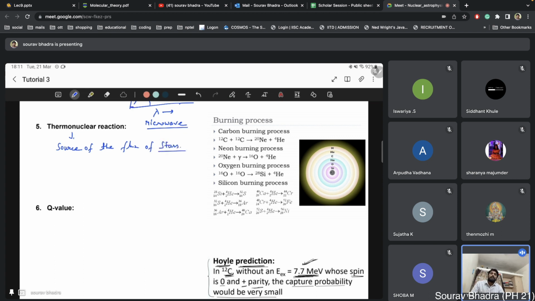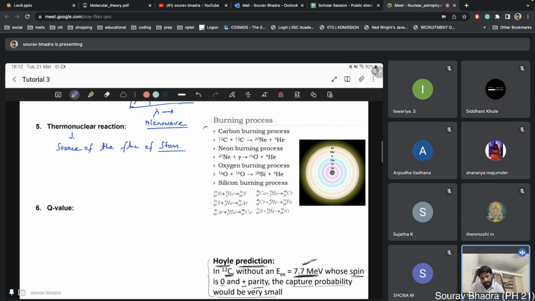So the age of the star depends on how much nuclear material it has inside its core, and the thermonuclear reaction releases energy, which comes out of the surface, and we get that. That energy is spreading throughout the universe. So the main reason for the flux is the thermonuclear reaction inside a star.